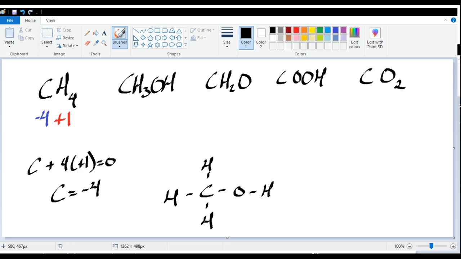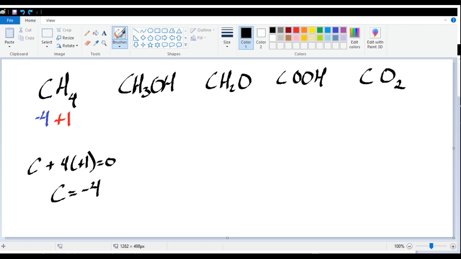So what we've done is we've just bound the carbon to an oxygen, one oxygen-carbon bond. Hydrogen is still going to be +1. Oxygen is going to be -2.